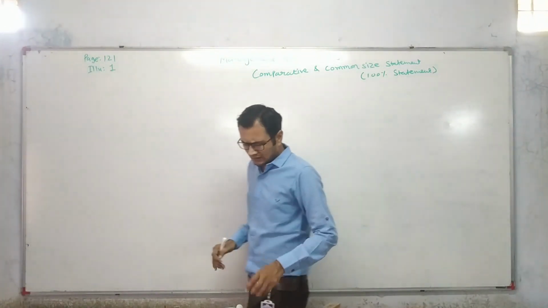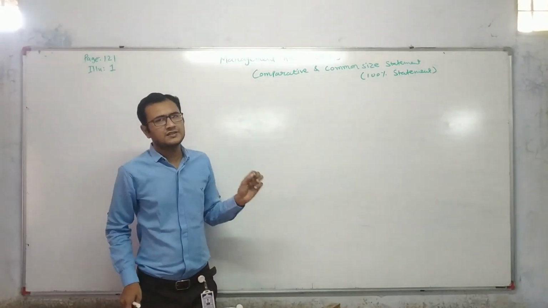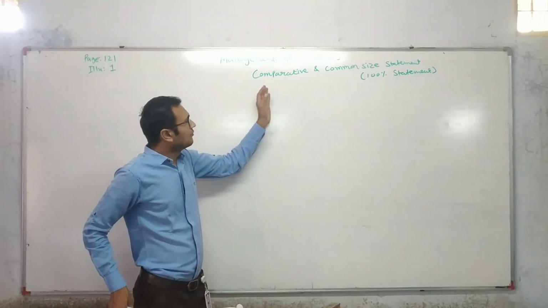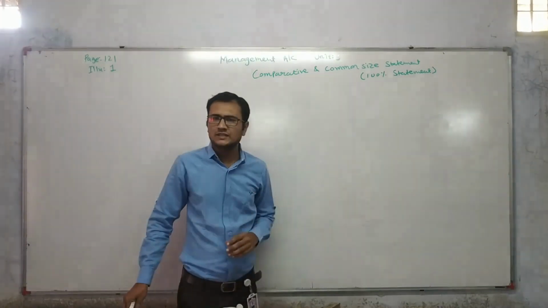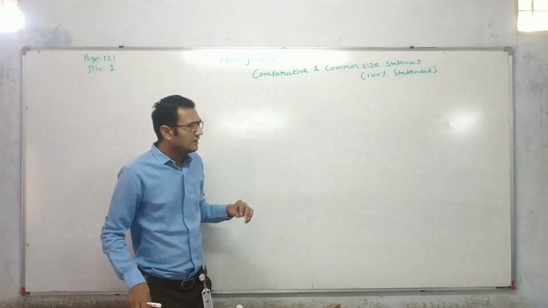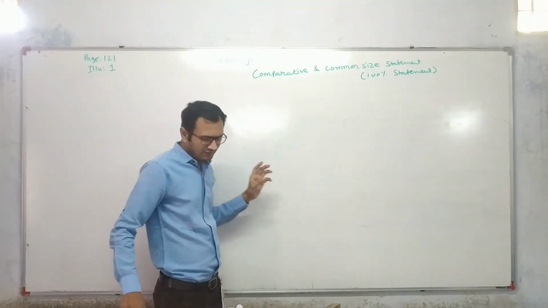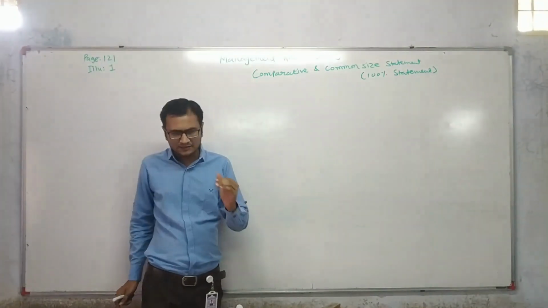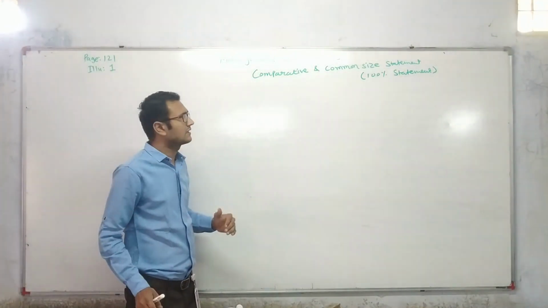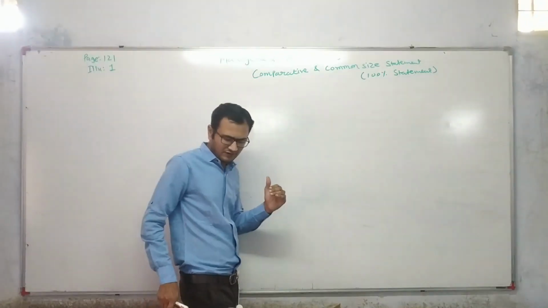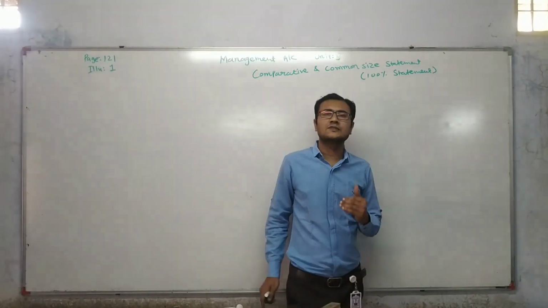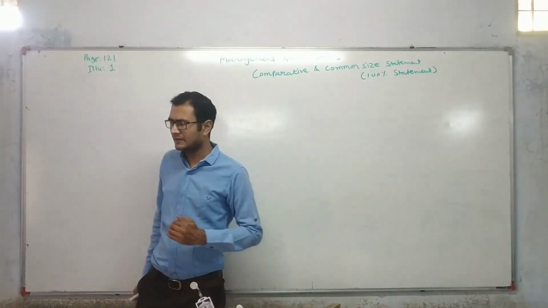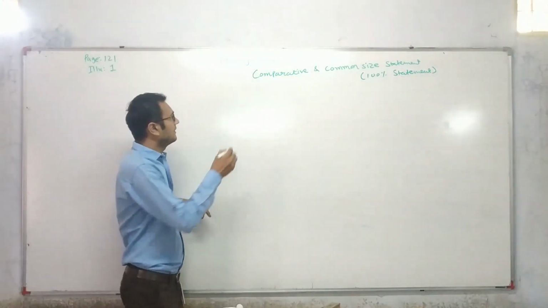With the help of one illustration of fund flow statement, we will calculate both comparative and common size statement. So page number 121, illustration 1. It is regarding the problem of fund flow statement, but balance sheet is given for 2006 and 2007. So first of all, we'll prepare comparative statement.